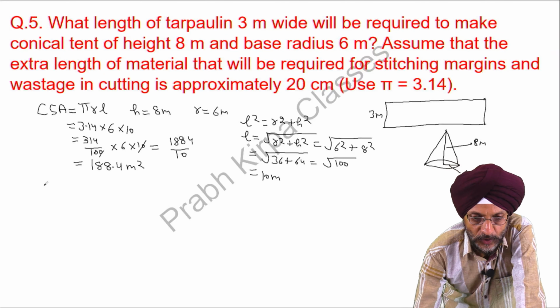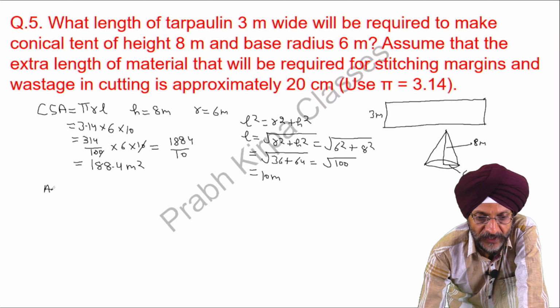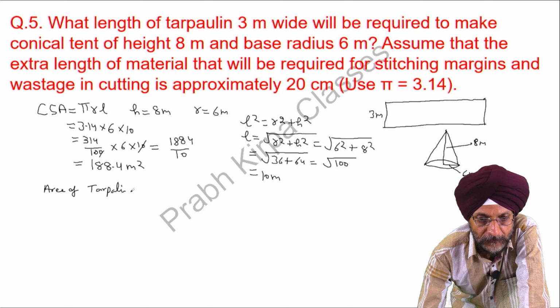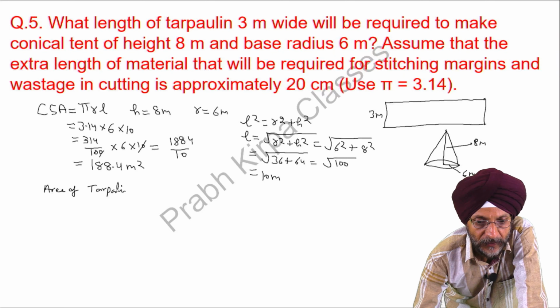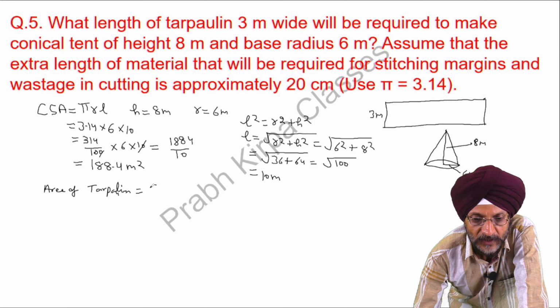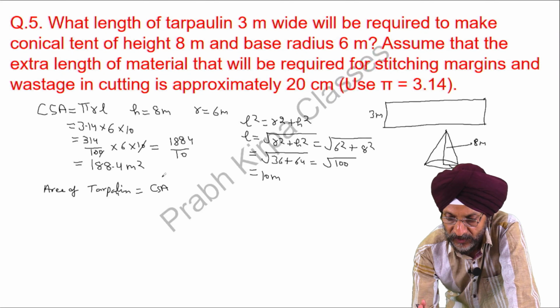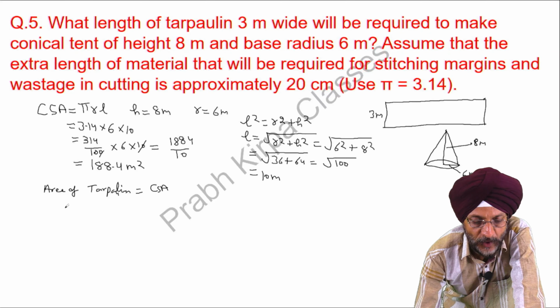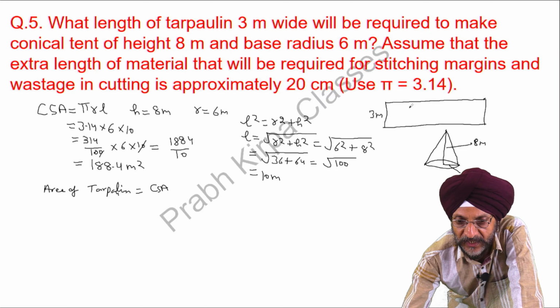So now we also know that the area of the tarpaulin is equal to curved surface area of the tent. What is the area of tarpaulin? This is the tarpaulin area.